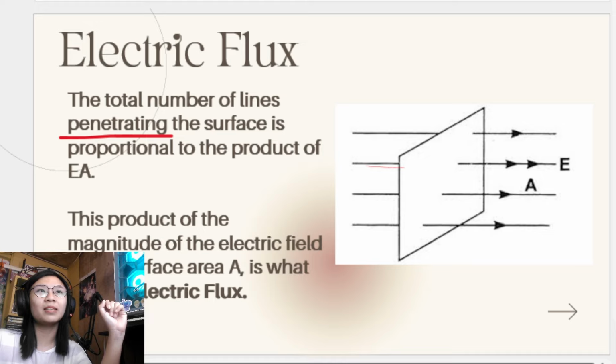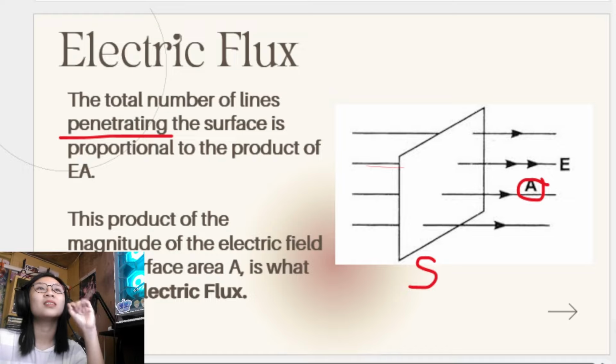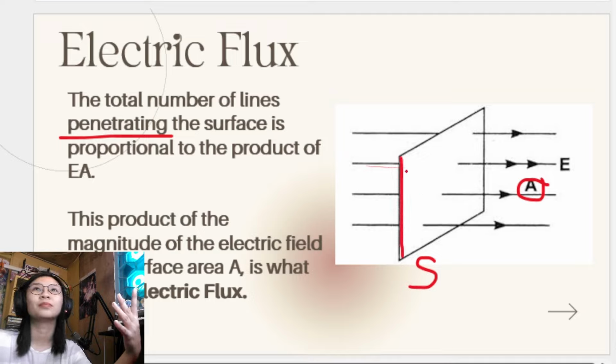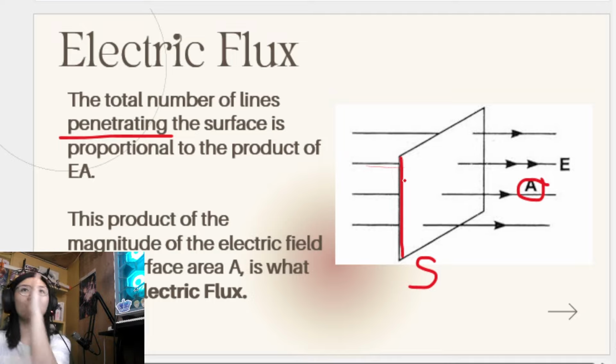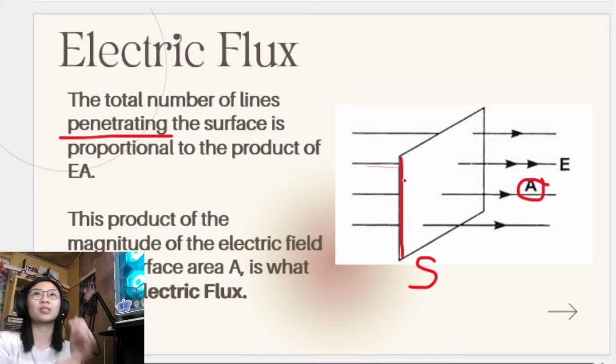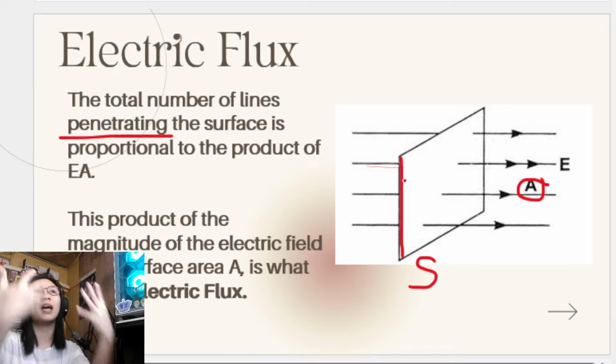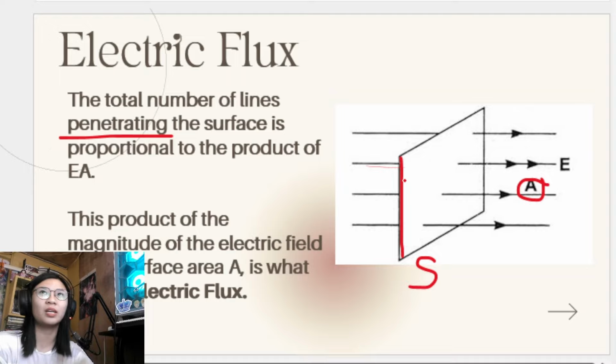Separately, vector A is normal to your surface. If this is your surface, your electric field should be perpendicular to it for the electric flux to be larger.